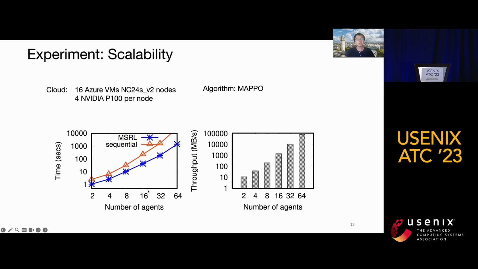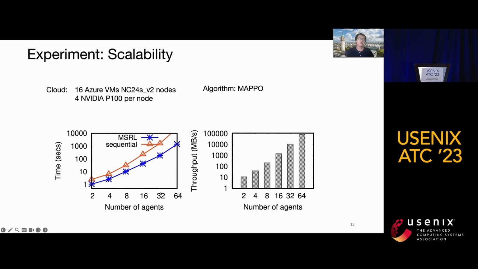We can see from the result that as the number of agents increases, the execution time also increases in both systems. This is because a larger number of agents will generate a larger amount of training data. Therefore, it requires longer time to process. However, the growth of MSRL is much slower than the sequential version.